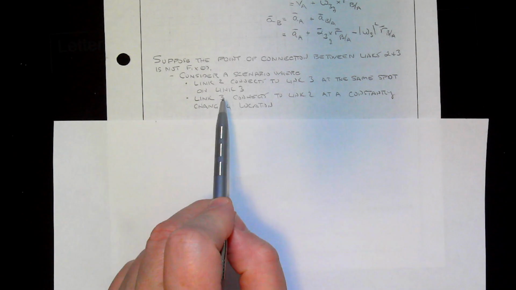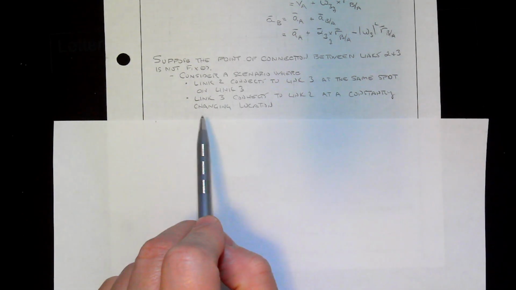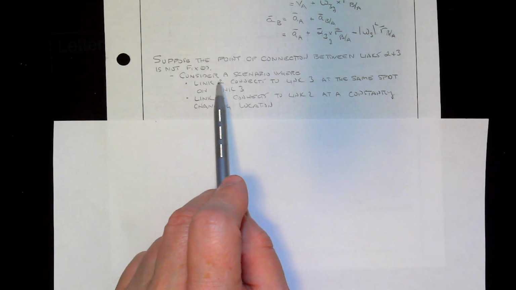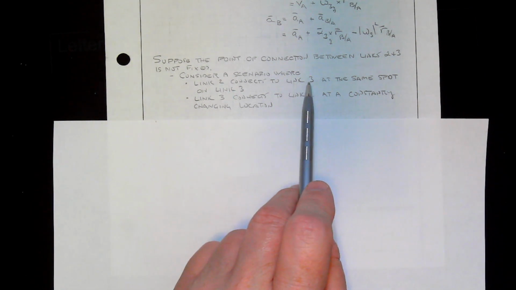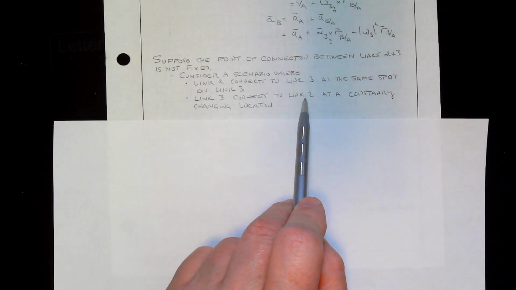But link 3 connects to 2 at a whole bunch of different spots. Okay, this is kind of weird. 2 connects to 3 always at the same spot. 3 connects to 2 at many spots. So how do you do that?